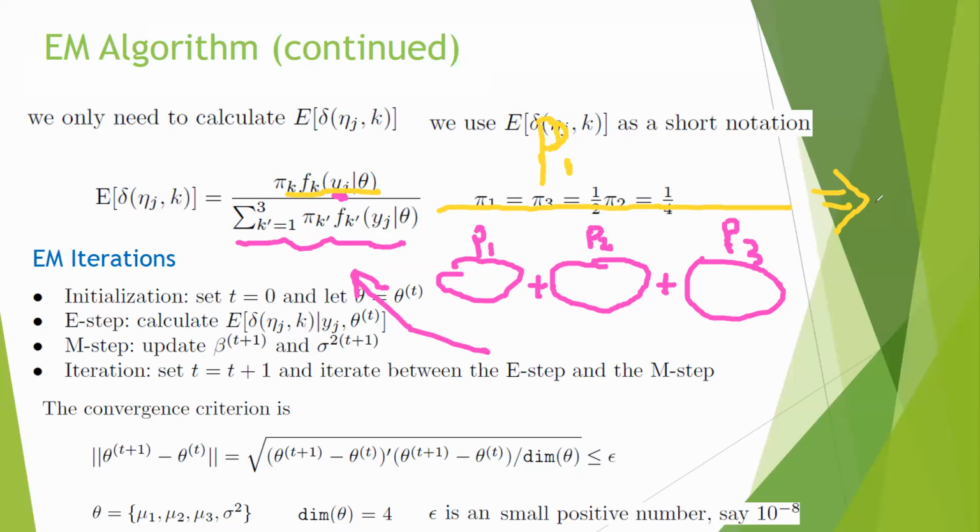If this calculation gives you a value like 0.9, and you do the same thing, the denominator is the same, but if you want to calculate how likely this individual comes from the second population, this will give you something very small.